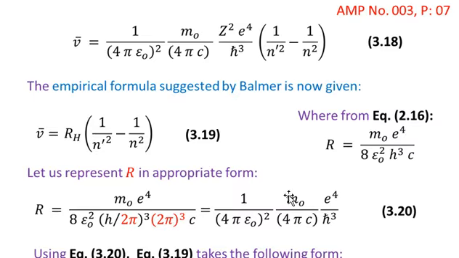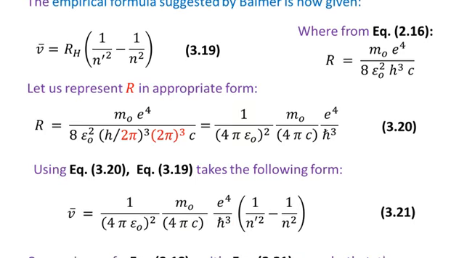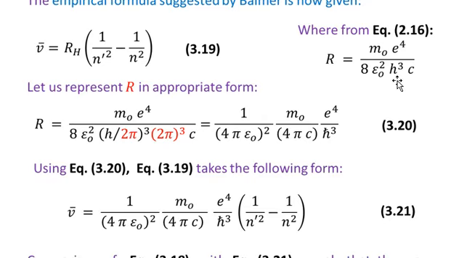So let's represent R in appropriate form. This R, which is given over here, I am using in appropriate form. So I am going to convert h cube into h bar cube, that is, I am using the reduced Planck constant. For that, I am dividing h by 2 pi, which is shown in red, and then I have multiplied the denominator by a factor of 2 pi raised to the power 3, so that I can write h as h bar.